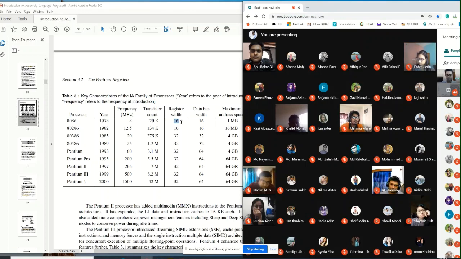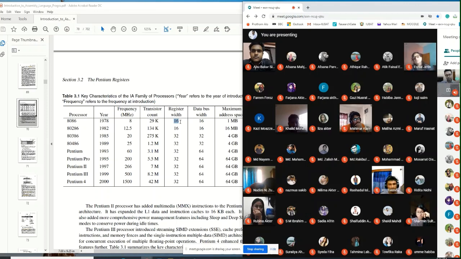First problem. I told you that our address bus is 20-bit long. That means 20 bits of address whenever you have an address. But the internal register of this processor is only 16-bit.